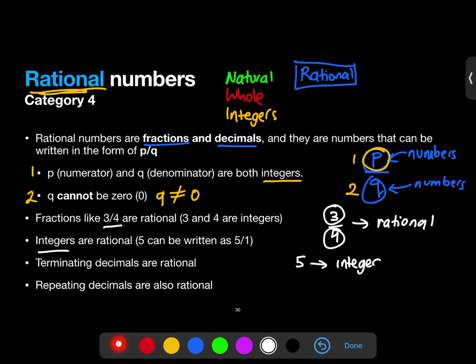But 5 can be written as 5 over 1, which is the P over Q form. That means 5 itself is a rational number.